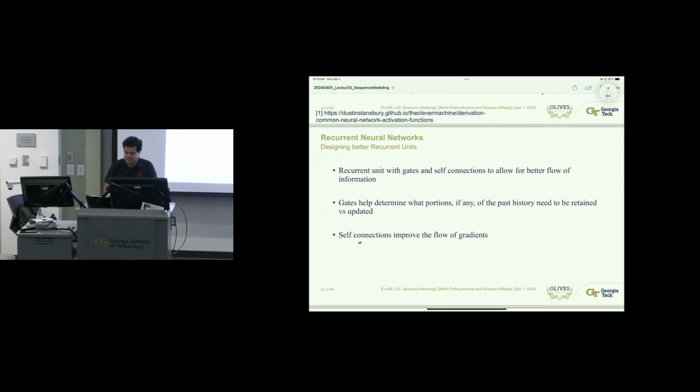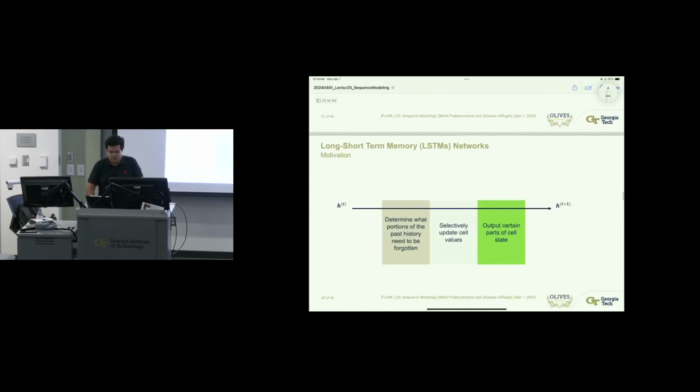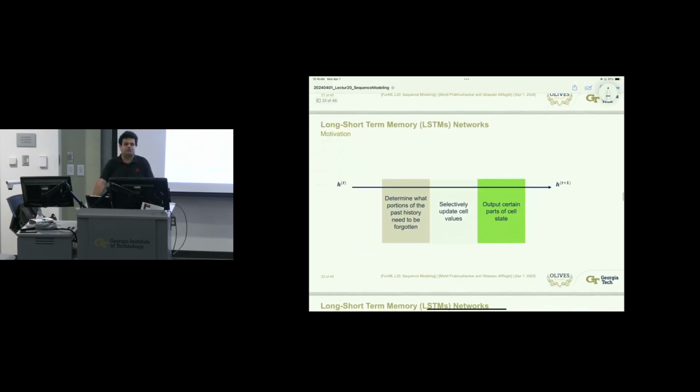The self-connection specifically is probably the most important part, along with gates saying which of the inputs are important versus which are forgettable. And this is where a new type of architecture comes in, which is LSTMs, or long short-term memory networks.